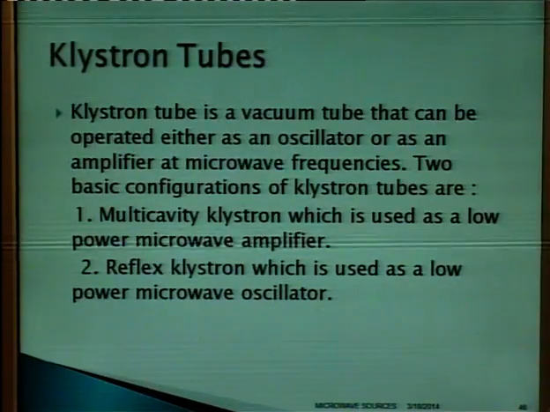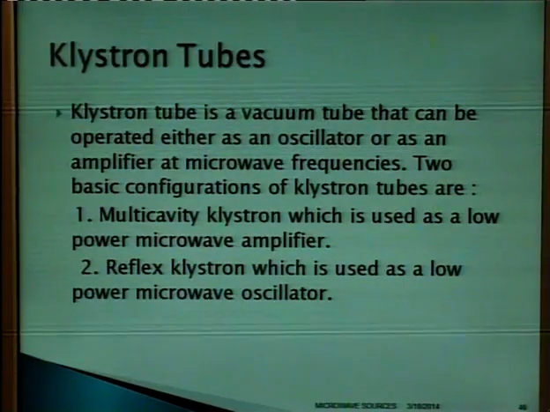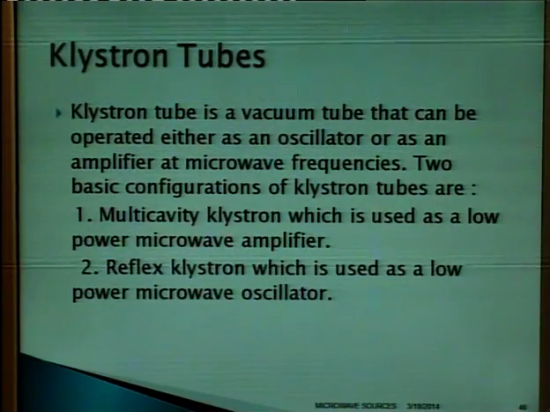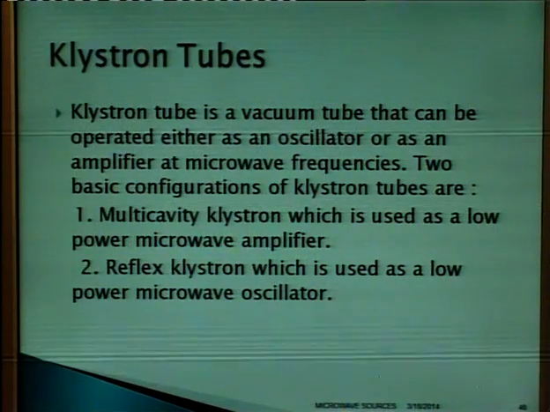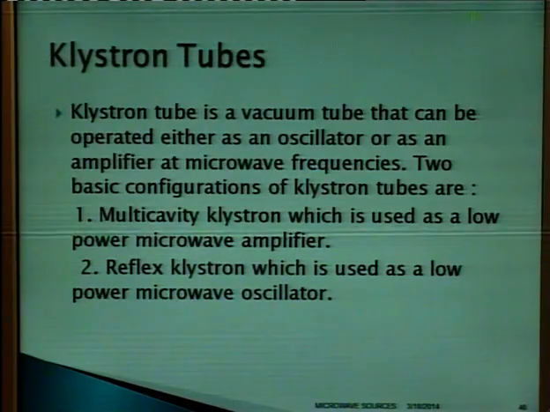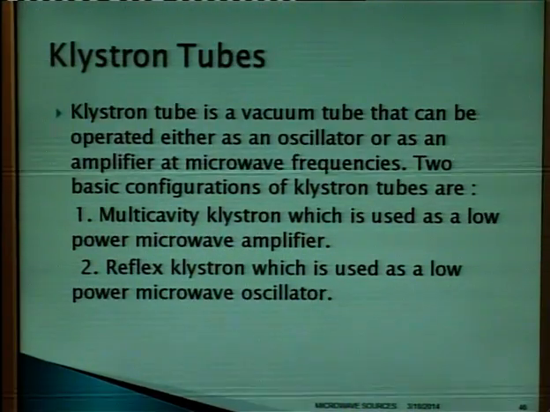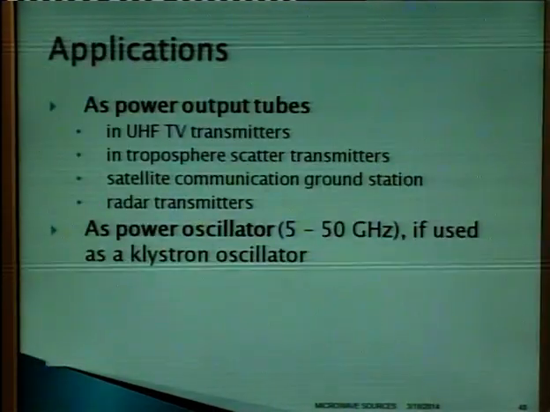As we have seen, the multi-cavity klystron has multiple cavities, buncher and catcher cavities, but the reflex klystron has only a single cavity doing both functions, as a buncher and as a catcher. So, these are the various sources.